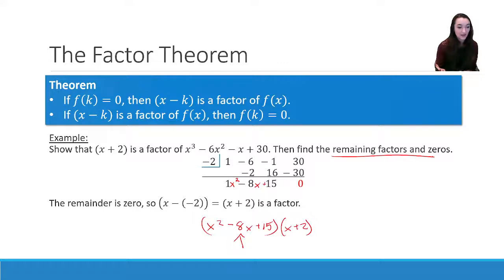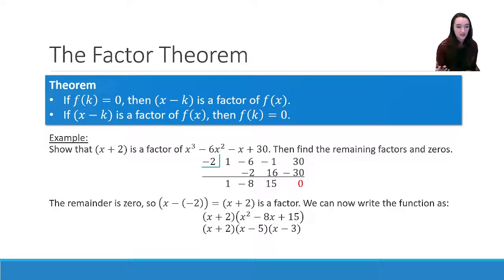It is a quadratic, and so we should use our quadratic factoring techniques. Luckily the leading coefficient is a 1, so we can factor that using our guess and check method or any other method you've learned. And we're going to end up getting x minus 5 times x minus 3.